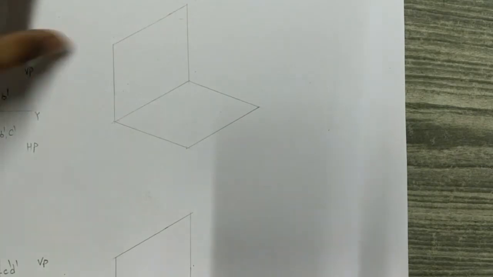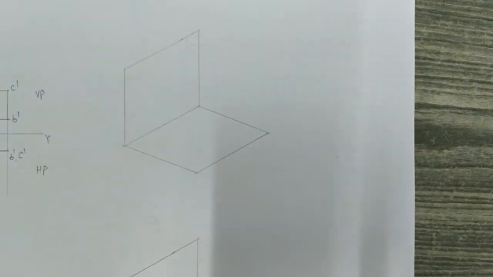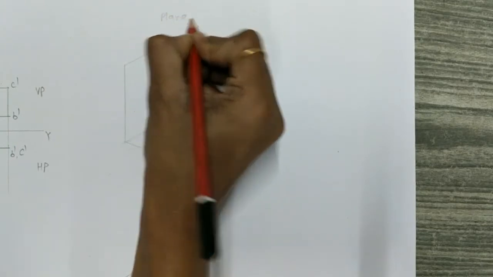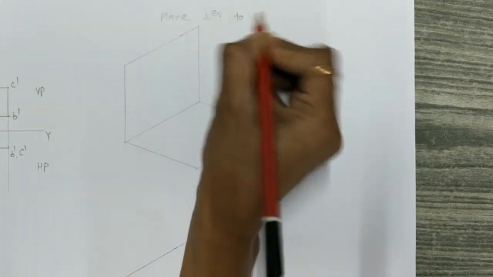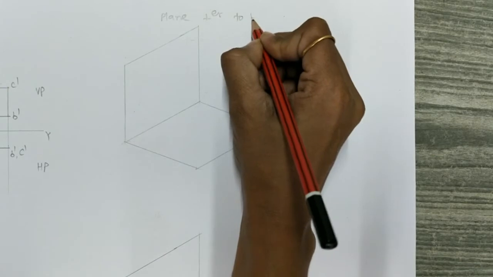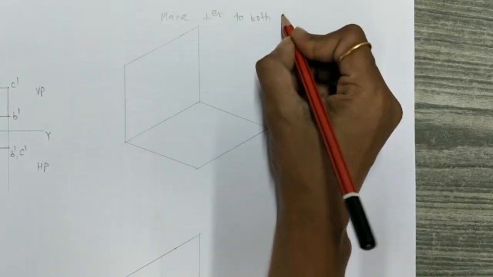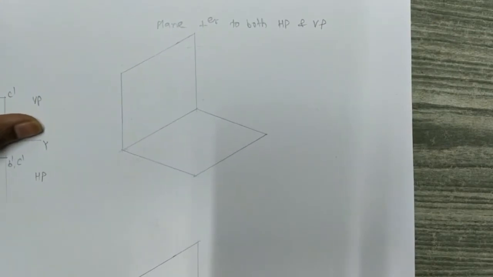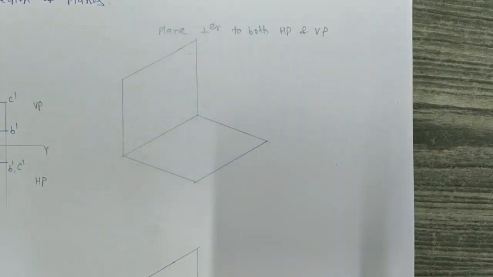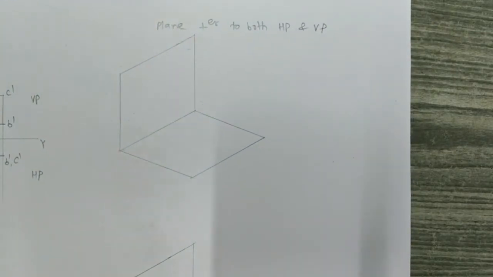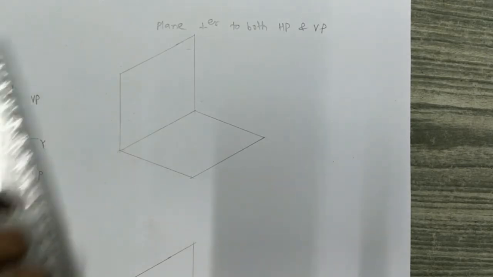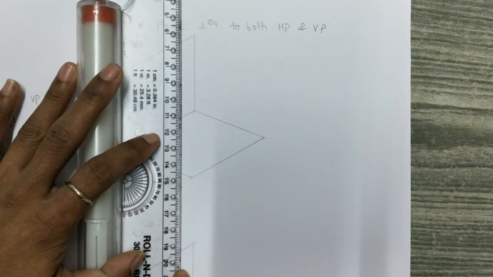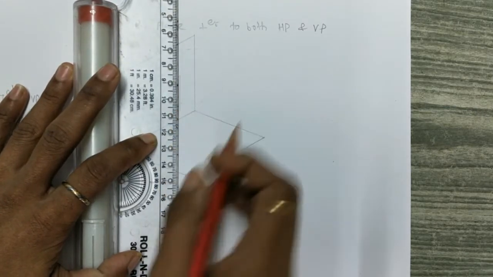Now we will see third case, when plane is perpendicular to both HP and VP. For this, draw a plane which is perpendicular to both HP and VP.